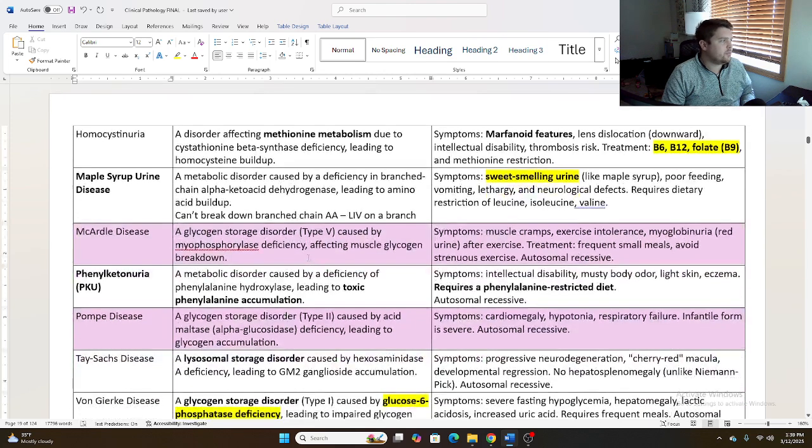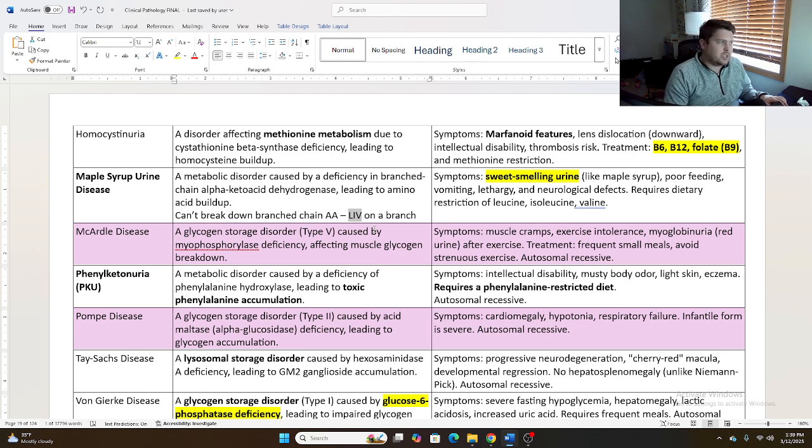Maple syrup urine disease. This is a condition where we don't have the enzyme to break down branched chain amino acids. Remember, if you watched the biochemistry portion, and this is why I said they're very closely linked, we say live on a branch, LIV.